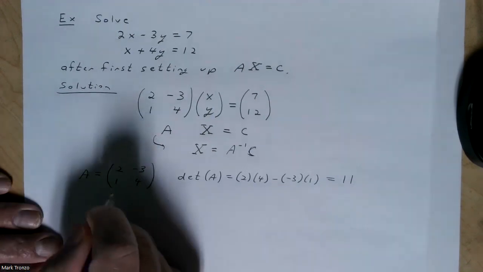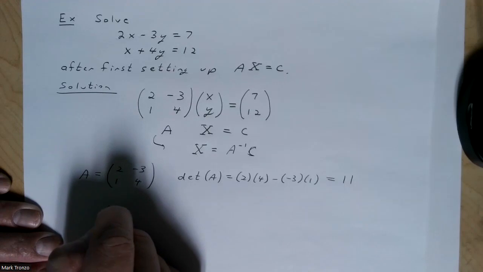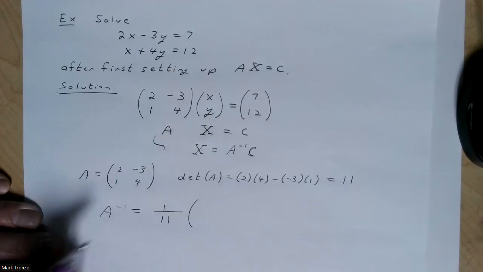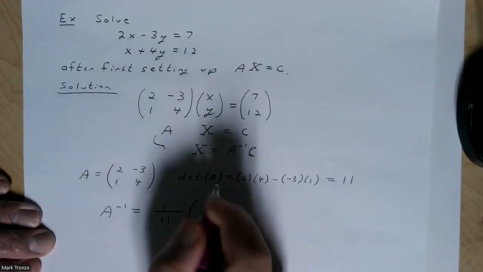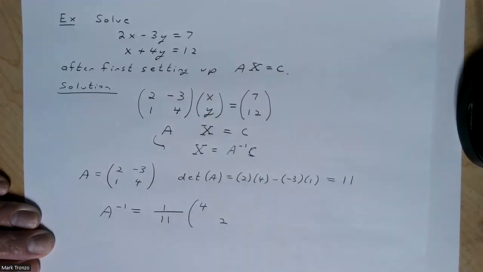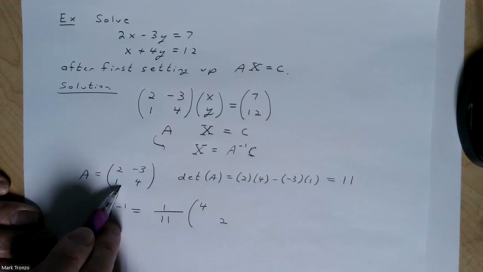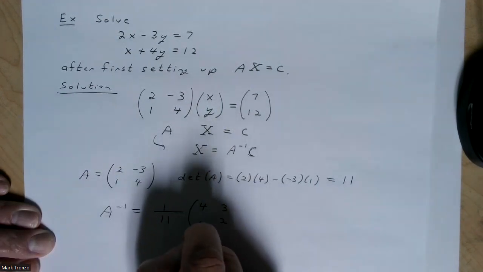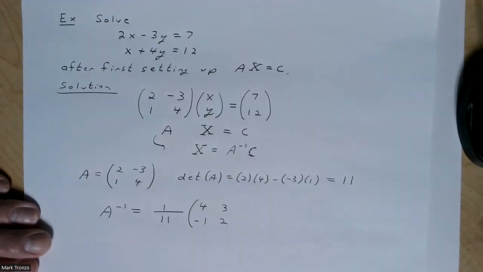Then A inverse is going to be, again, 1 over the determinant. And then we switch the order of these two. In other words, they change places. And we switch the signs of these two, like that.